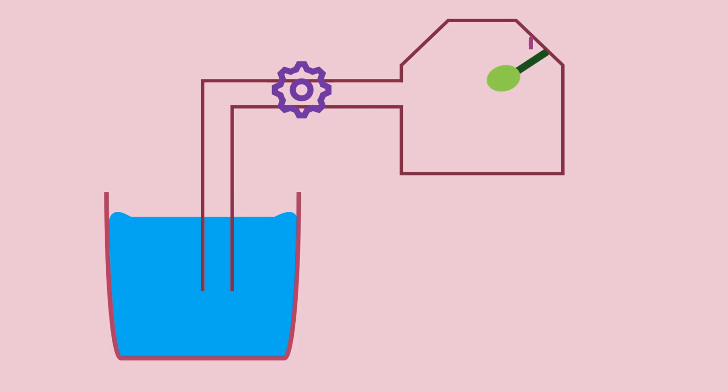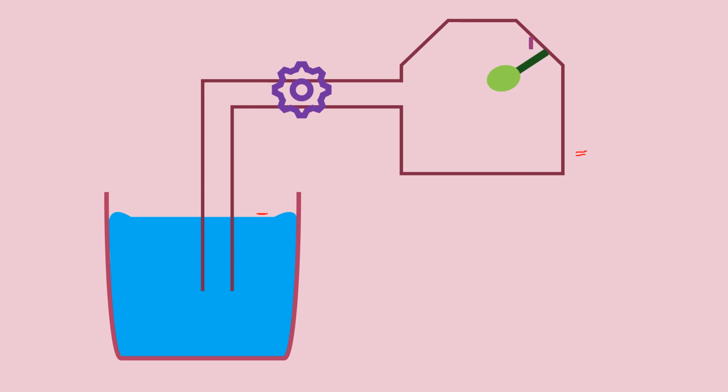So the first problem we are going to look at is this arrangement in which we want to pump some water from this tank to the upper tank through this pipe.